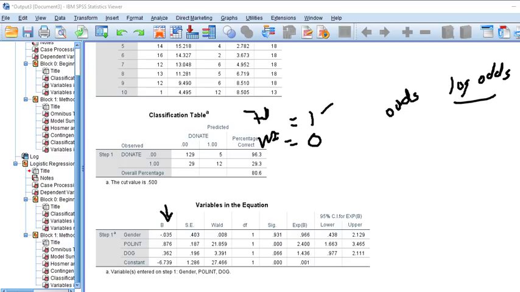Now, this is counterintuitive, and many people get bothered by the fact that we're talking about log odds instead of just the probabilities. But like I said, we can't model the relationship between these predictor variables and the probabilities of target group membership directly because that relationship is nonlinear. We are able to make that relationship linear by converting our probabilities to log odds.